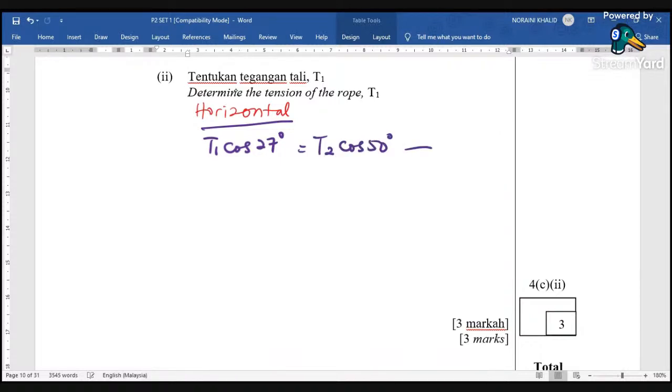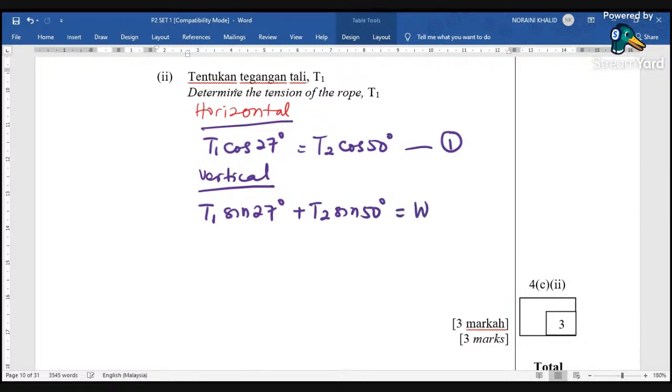So this one will become the first equation. The vertical one, you have T1 sine 27 plus T2 sine 50 equals W. Okay, so we have two equations here.